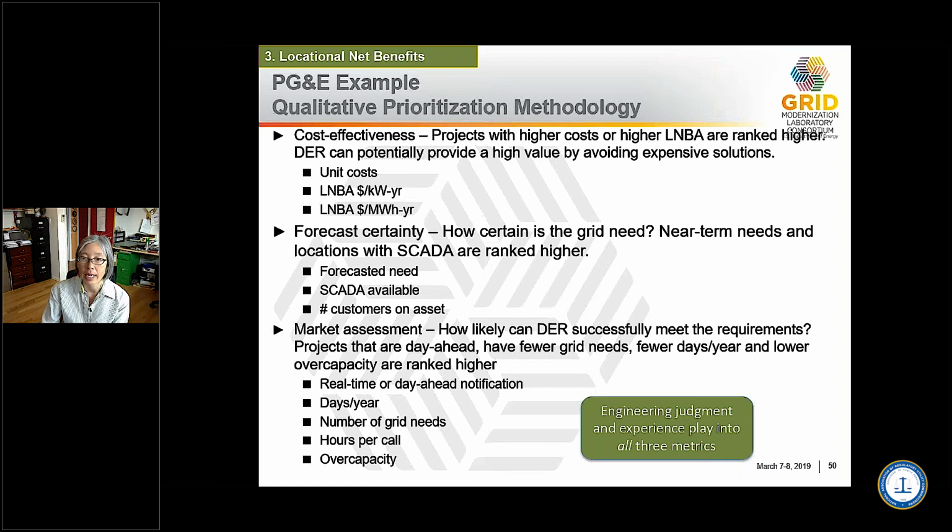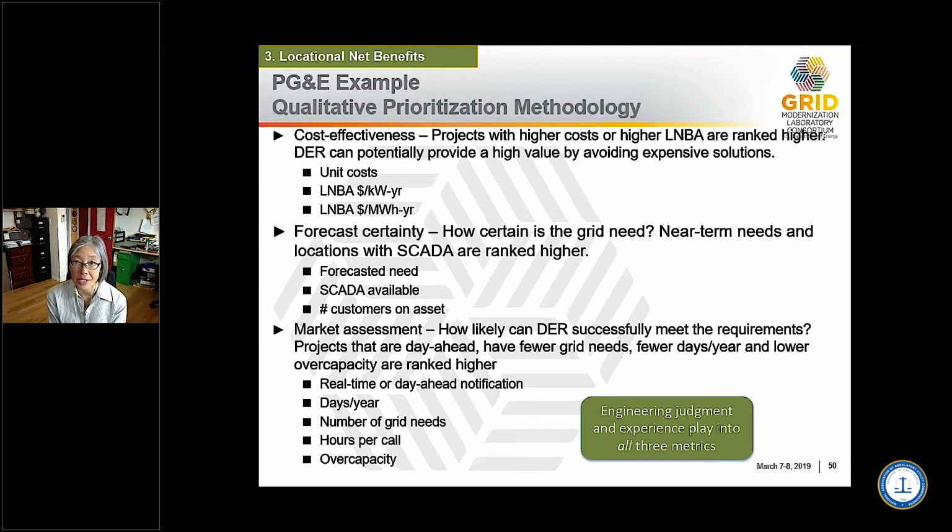And so take that unit cost, amortize it, and turn it into dollars per kilowatt per year. And then you also turn it into dollars per megawatt-hour per year, where you look at the maximum megawatt hours needed during any one year. So with those metrics, the idea here is that if you've got something that would otherwise be really expensive, it provides a lot of value.